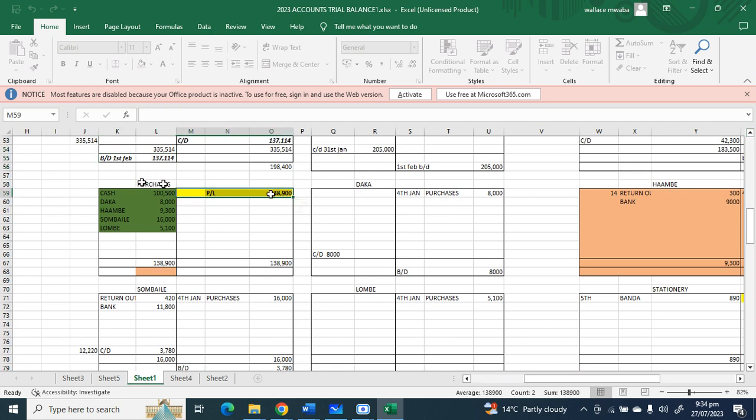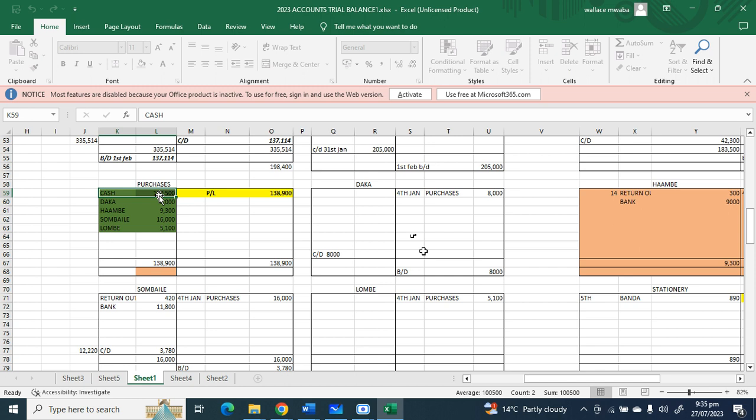So on the trial balance, for purchases, the amount is going to come on the debit side, right? If we had to close this account using the debit, then on the trial balance, it will appear on the credit side. All right. So where the balance brought down appears, that's the position on the trial balance.